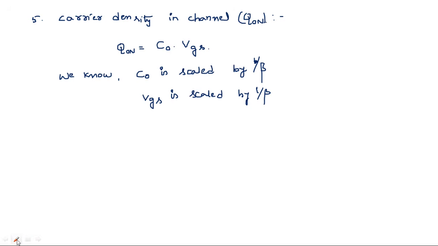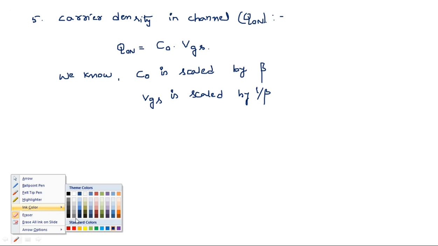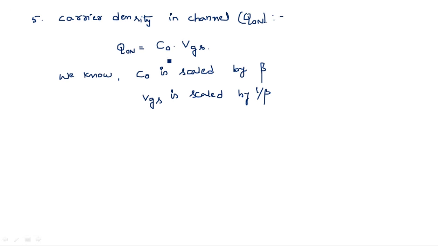We have calculated it separately. Now if you multiply these two, Q on is equal to C0 scaled by beta and VGS scaled by 1 by beta.